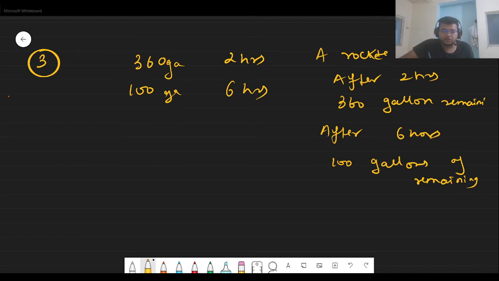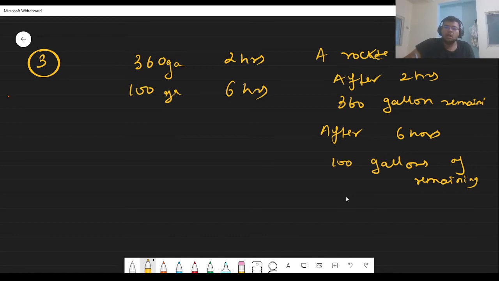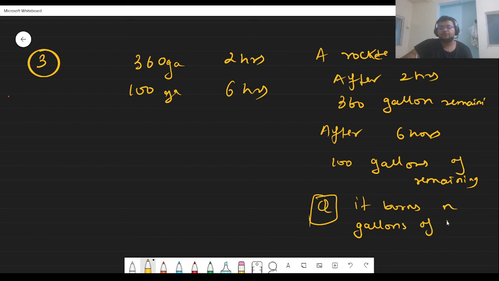What is the question? If it burns n gallons of fuel for every hour, what is n? Basically, we have to find what this rocket is consuming per hour.